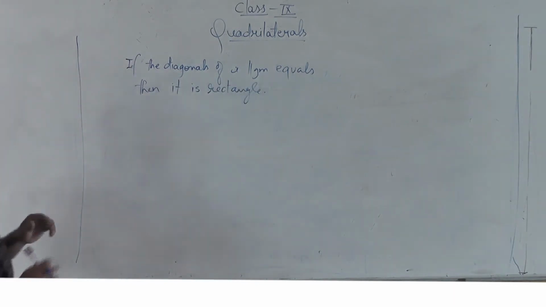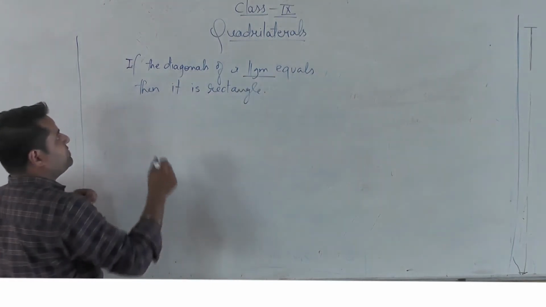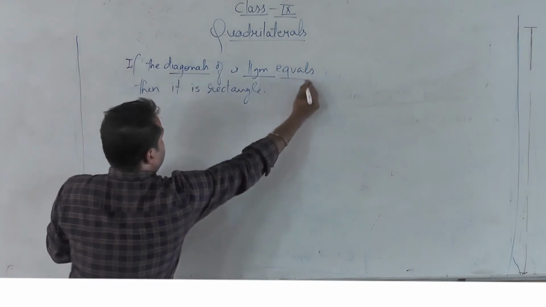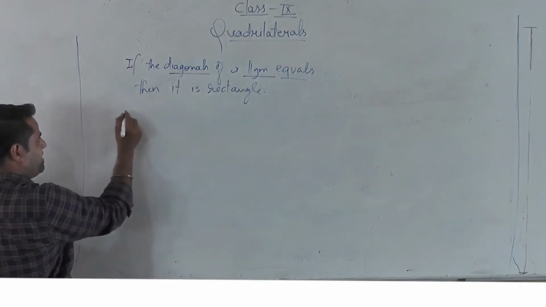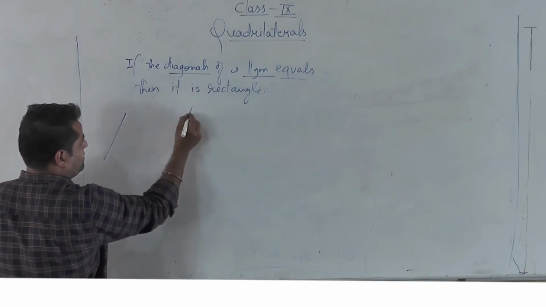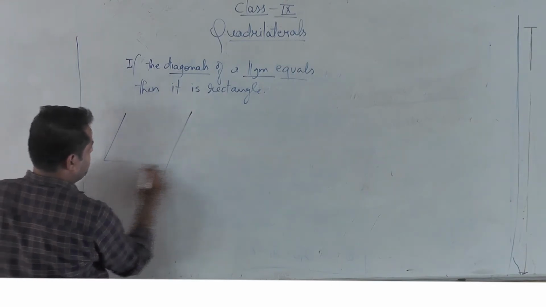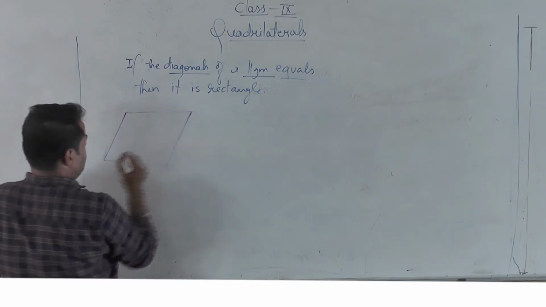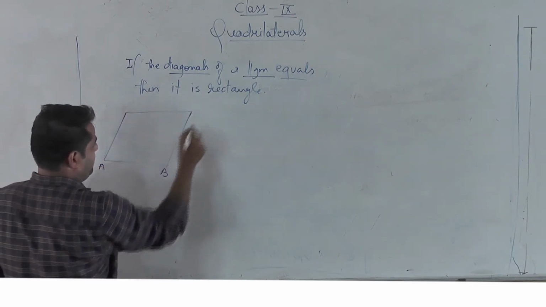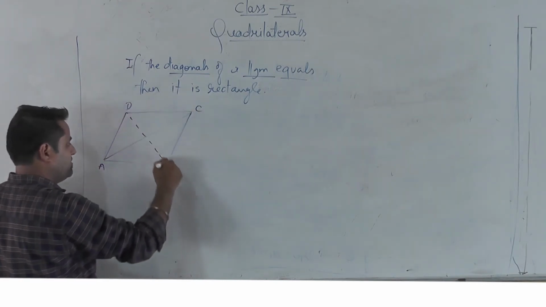As you can see, it is given that in the figure a parallelogram is given to us with equal diagonals. So we will take a parallelogram, so all kinds of parallelogram properties we can apply here. That's why we are taking a parallelogram with equal diagonals. So ABCD is our parallelogram in which AC and BD are equal.